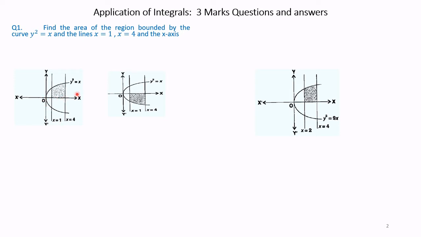We are required to find the area of the region bounded by the curve y squared equals x and the two lines, x equals 1 as the first line and x equals 4 as the second line. So we have to find the area of the shaded region.